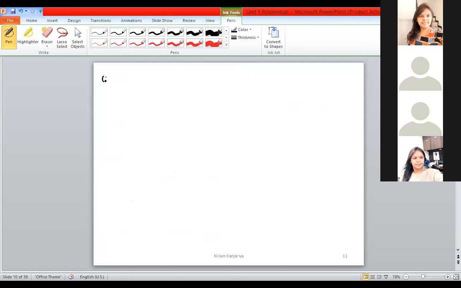My third question, I provide you one polynomial like this: 2x square, 5x raised to 4, 3x raised to 6, plus 9. Find the degree of the polynomial.